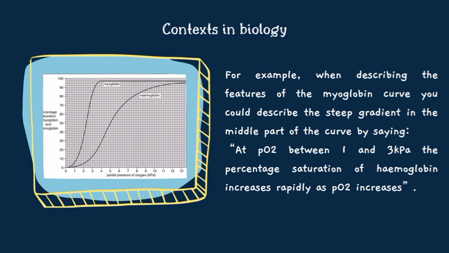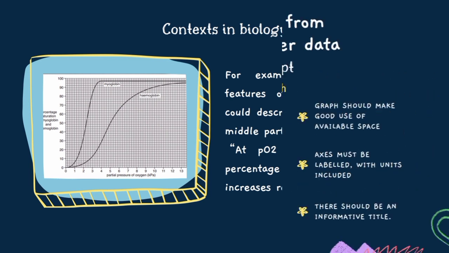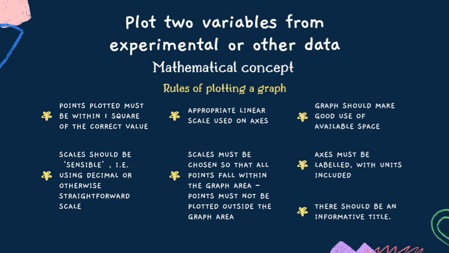For example, when describing the features of the myoglobin curve, we could describe the steep gradient in the middle part of the curve by saying, at PO2 between 1 and 3 kPa, the percentage saturation of hemoglobin increases rapidly as PO2 increases.